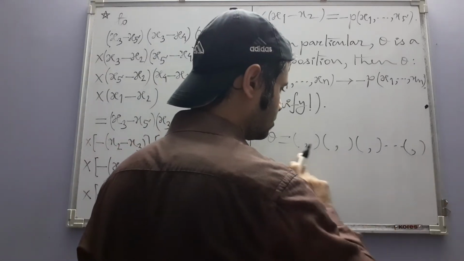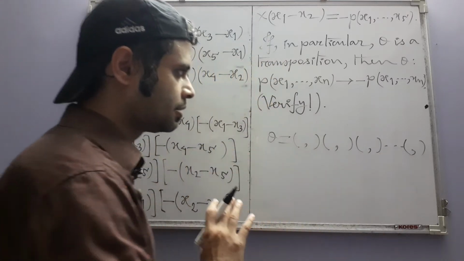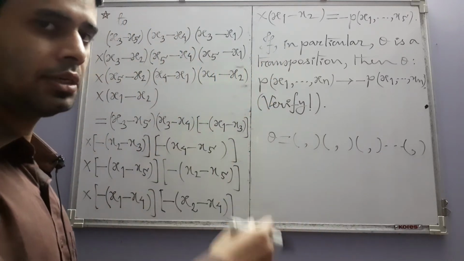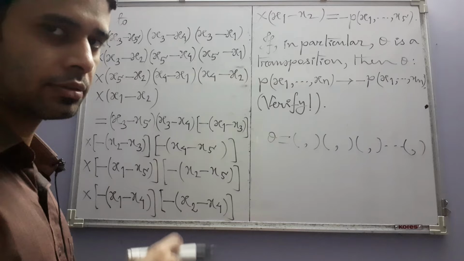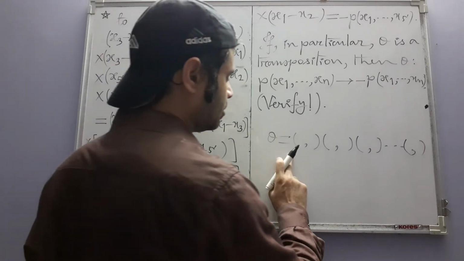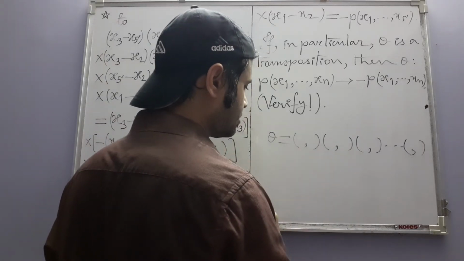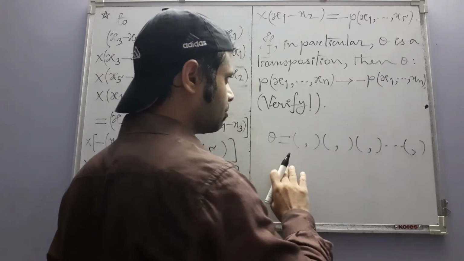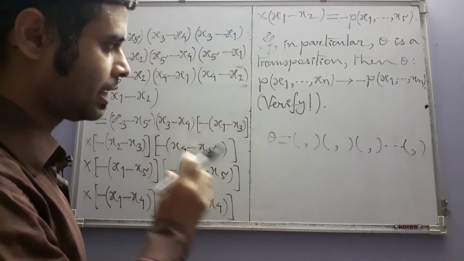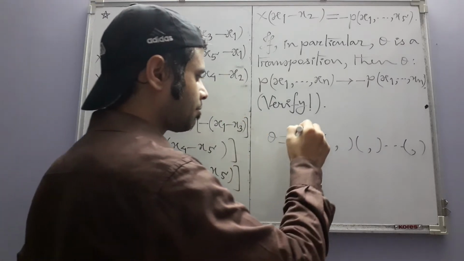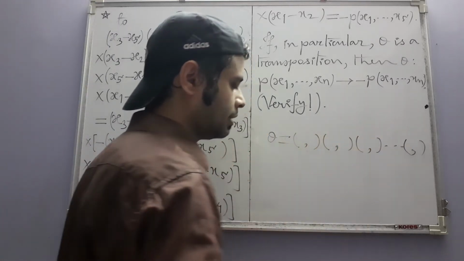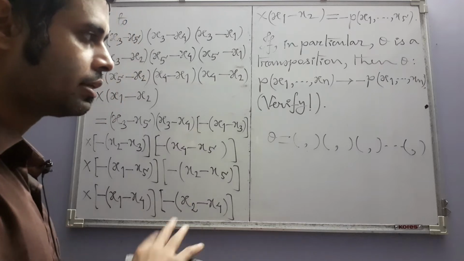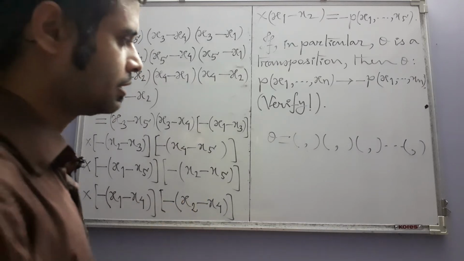Like that you end up applying all the transpositions to p and its images. Because each time you apply a transposition you get the negative, you will get alternately positive, negative, positive, negative.